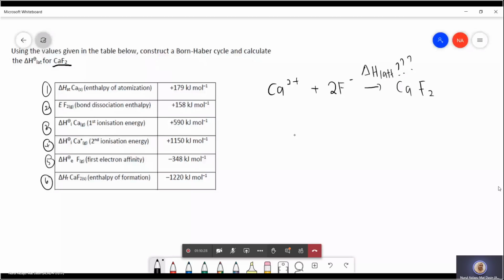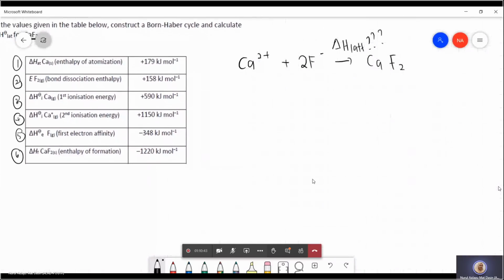So how to calculate this delta H lattice? You are given a series of steps here, so you construct a Born Haber cycle. First, look at the formation of CaF2. Enthalpy of formation means that one mole of the compound is formed from its elements.